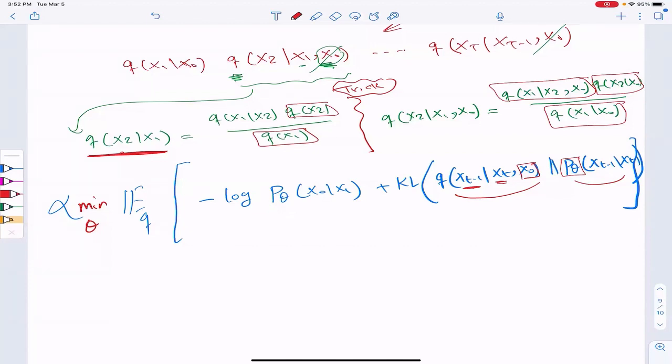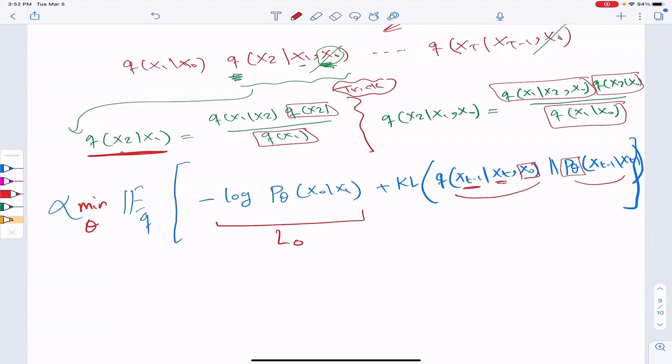And in fact, you'll see the loss function will be extremely simple. It's basically one line of code at the end of the day for the implementation. Okay, so let's discuss each term separately. I'm going to call the first term loss L0.